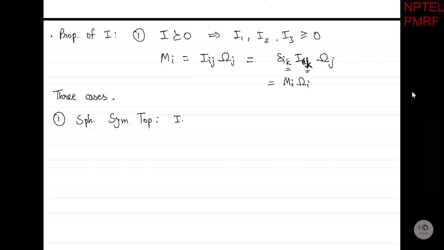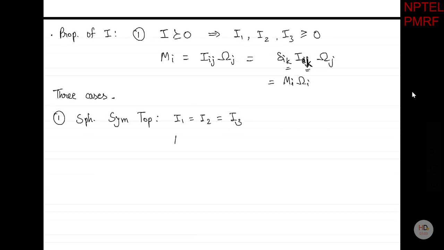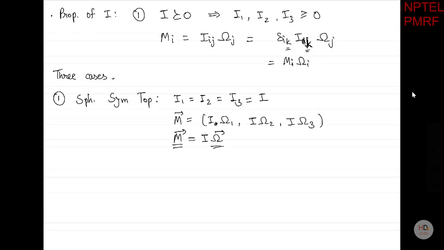So for that you have I1 equal to I2 equal to I3, and then your M is I omega_1, I omega_2, and I omega_3. So it is just I times omega. So for a spherically symmetric top, your M is always parallel to your omega, like what we studied in 12th standard.